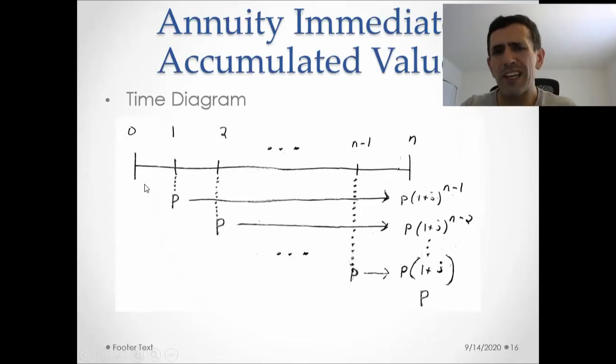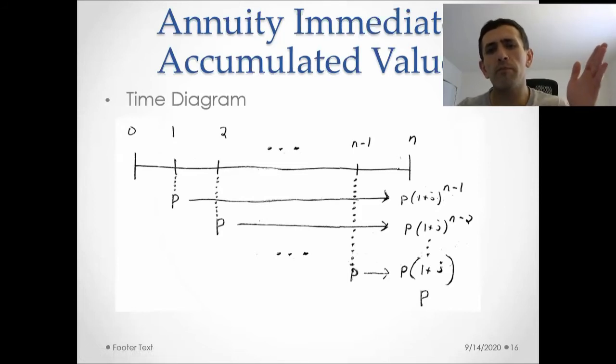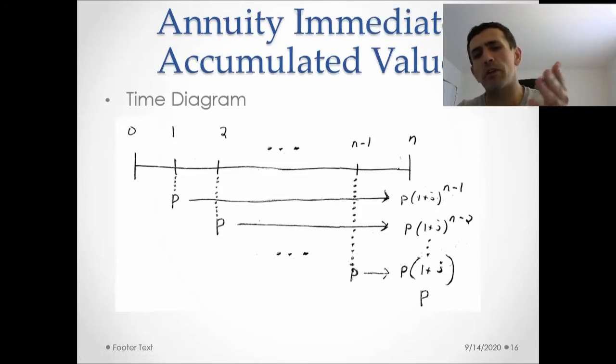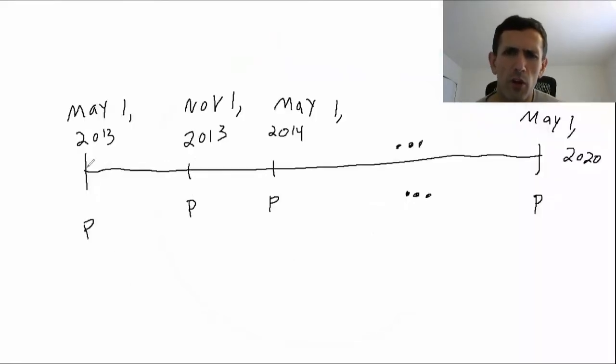Okay, so in our annuity immediate situation, we start off at a certain time, and one period after that is when payments or deposits, whatever, start. So we can fix this situation very easily. All right, so all we do is we just go back, and that's why I gave myself some room here. We just start this timeline 6 months prior to May 1st, which is November 1st, to kind of squeeze this in.